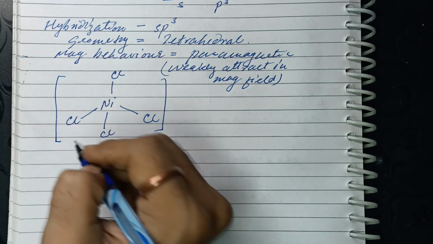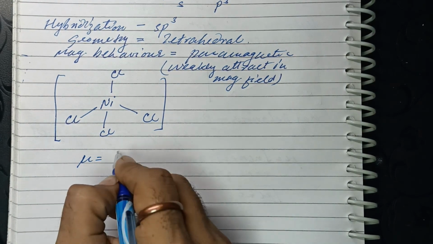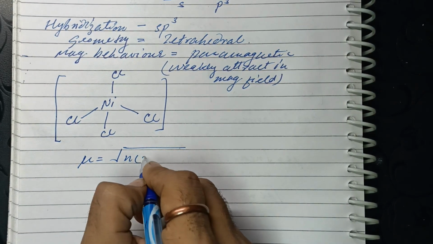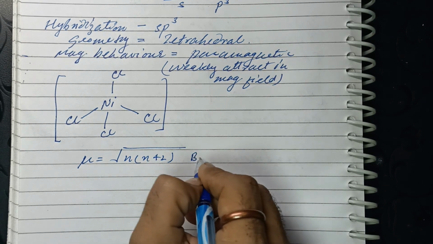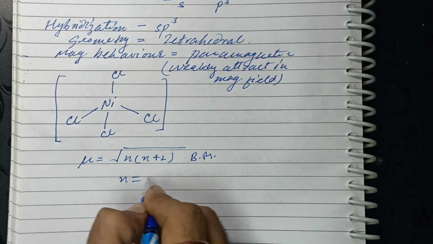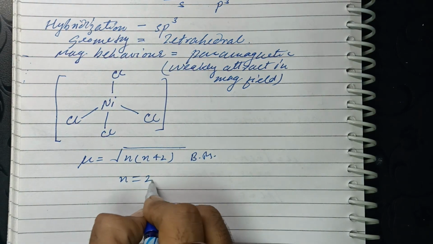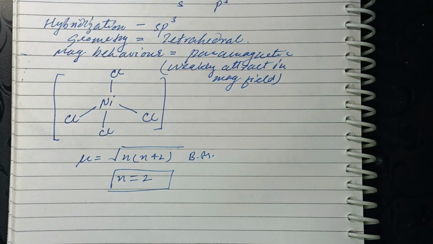You can also calculate the magnetic moment. Mu is equal to square root of n(n+2) Bohr magneton, and the value of n is 1, 2. I hope it is clear to you all.